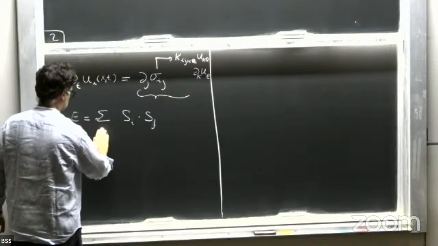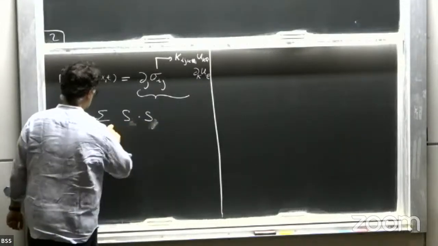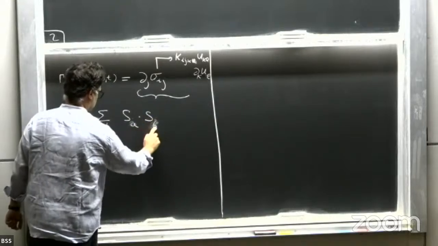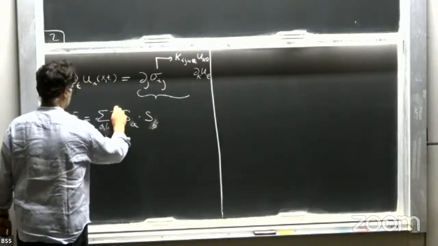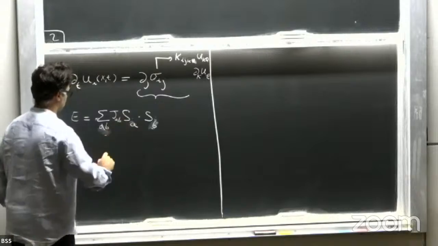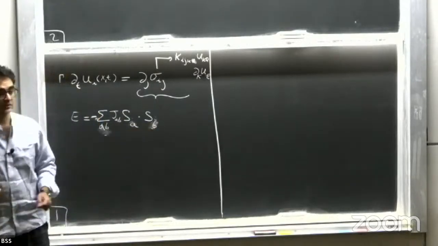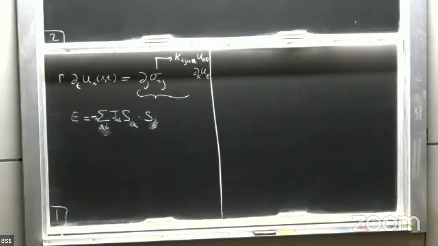Actually, let me switch to Latin letters, because in this case I'm not going to be talking about a and b being a Cartesian component, but rather labels for the indices of the spins that you can imagine distributed on a lattice.